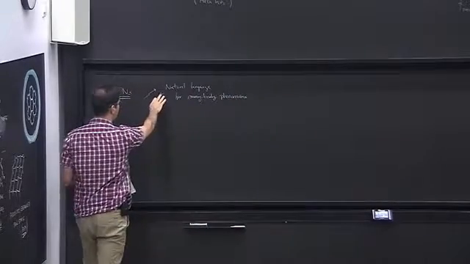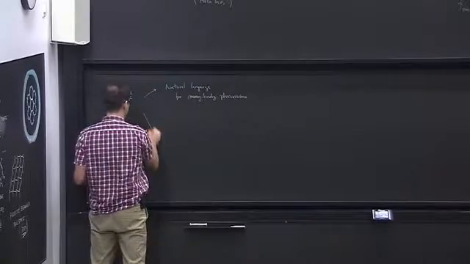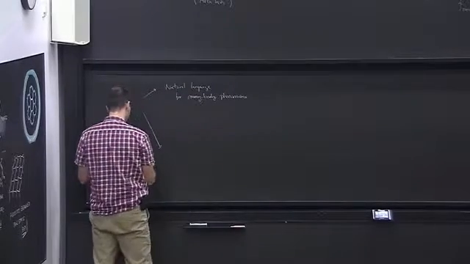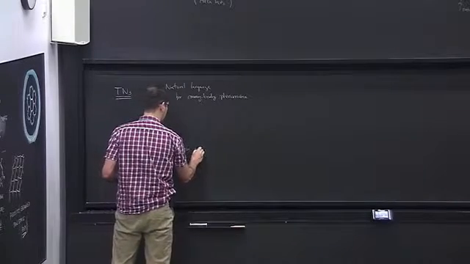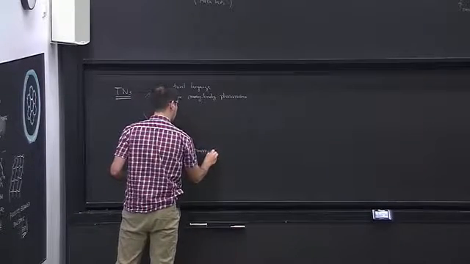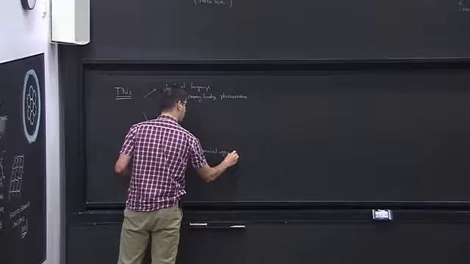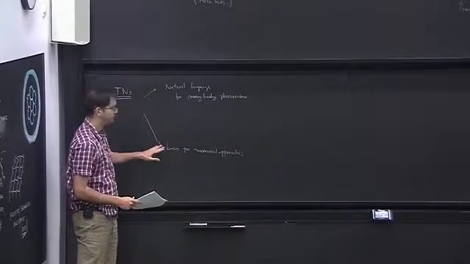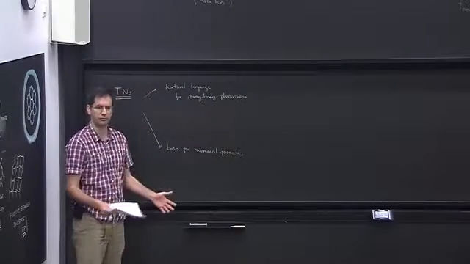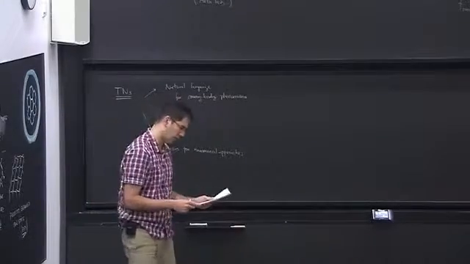On the one hand, I'll argue that it's a natural formalism to be using there. And on the other hand, I'll mention that this is the basis for numerical approaches. So I want to make clear that tensor networks are not just something you do with numerics, but it's also a natural way of talking about many-body states.